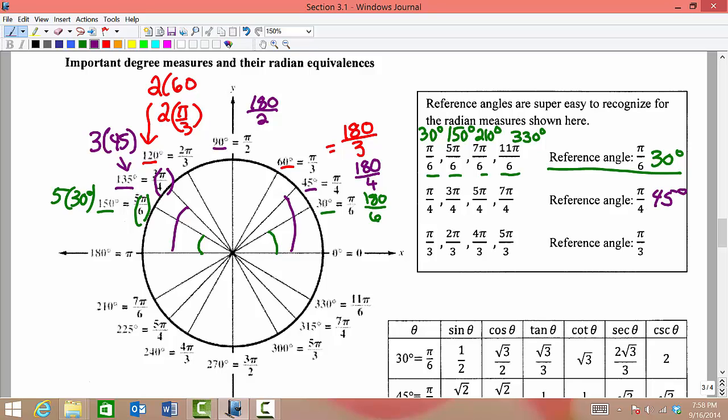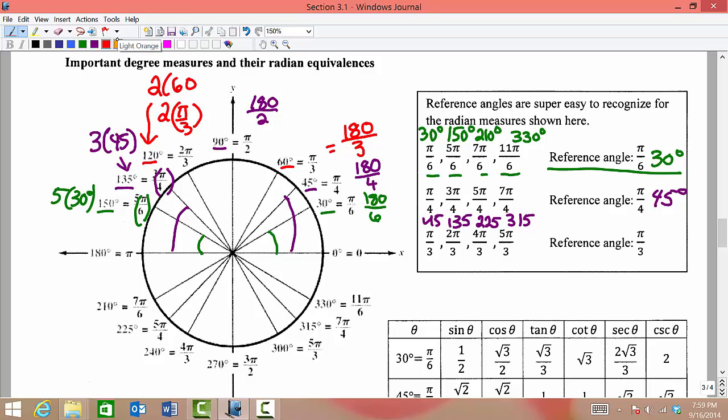So the reference angle family for pi over 4 is really easy to recognize because they all have pi over 4 in them: 45 degrees, 135 degrees, 5 times 45 we end up with 225, and then 7 times 45 we end up with 315. So it's a lot easier actually to recognize our reference angles in terms of radians. That's our pi over 4 family, and they all have pi over 4 in them.